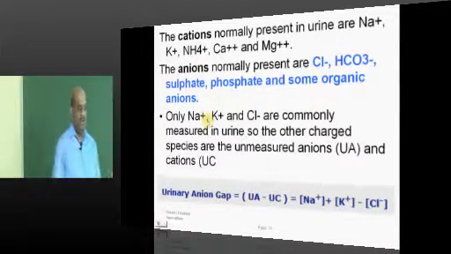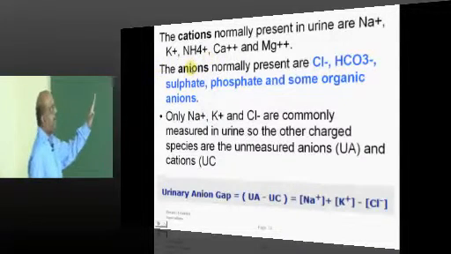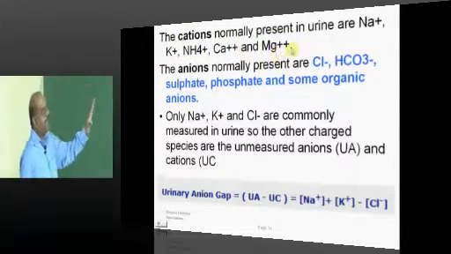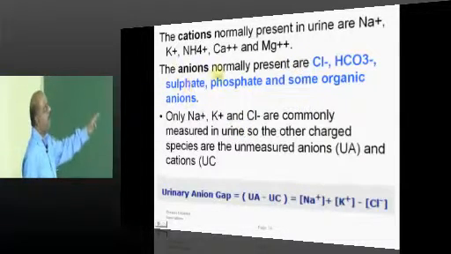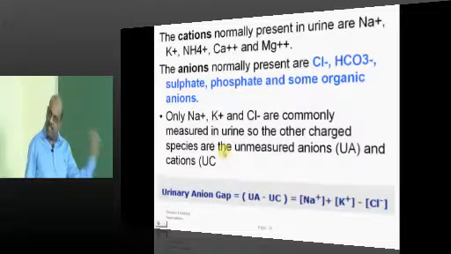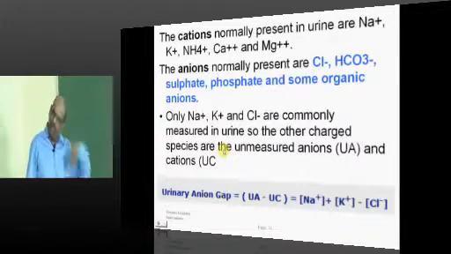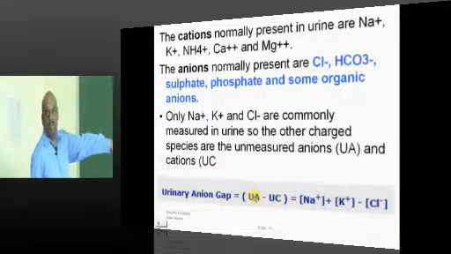Just like plasma, urine also is having cations: sodium, potassium, mainly ammonia, calcium, magnesium. Chloride, bicarbonate, sulfate, phosphate, organic anions are also there even in the case of the urine. Just like plasma, even in the urine also, urinary unmeasured anions.